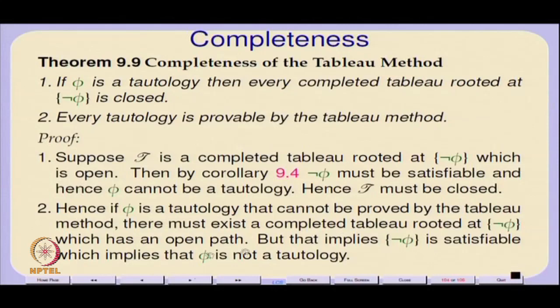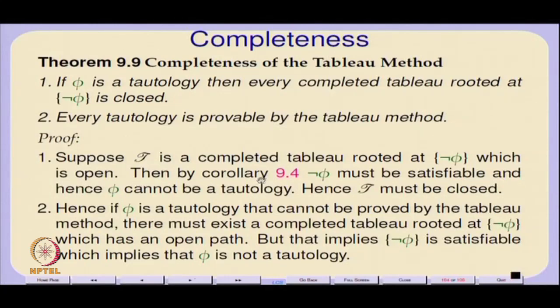So, first thing: if phi is a tautology, then every completed tableau rooted at not phi is closed. That is very simple. Let T be a completed tableau rooted at not phi, which is open. We are proving it by contradiction.